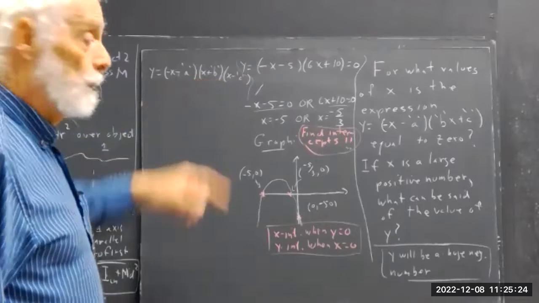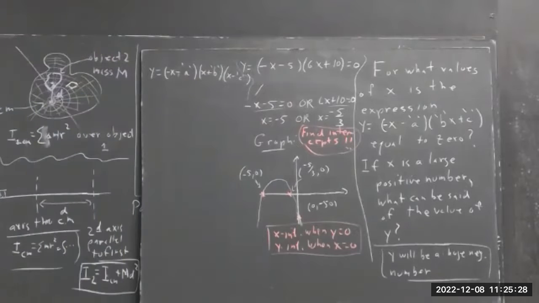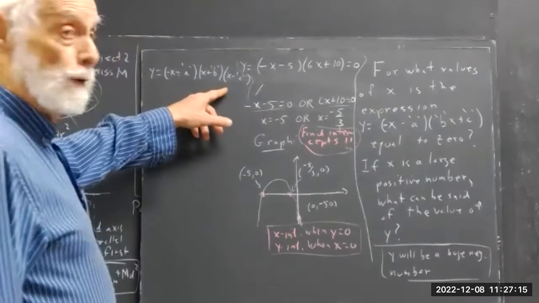What can you tell me about the graph of this function, using similar reasoning to what we just did? So we can quickly find the zeros of this function.